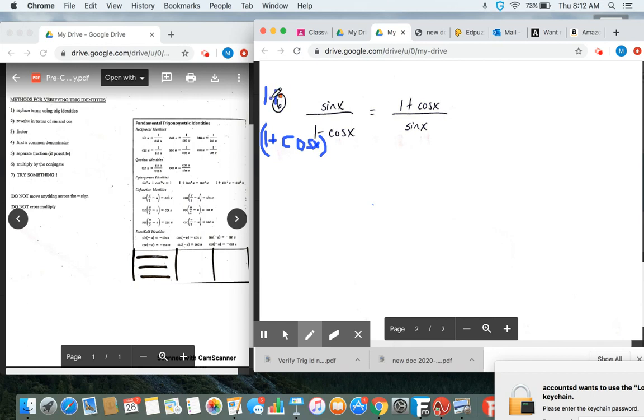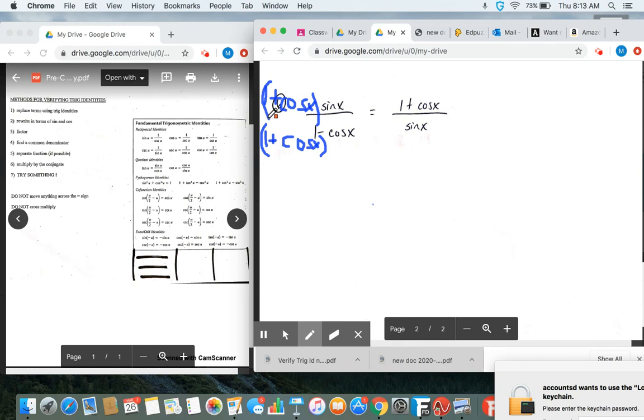But we would have to multiply the numerator and the denominator by this conjugate here. Everybody with me there? This is number 6.